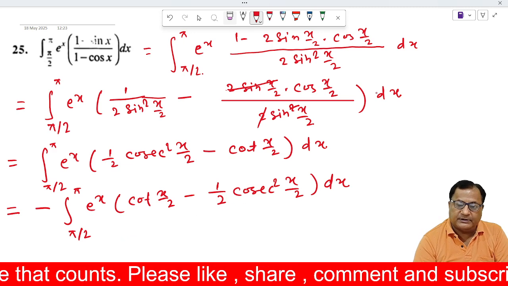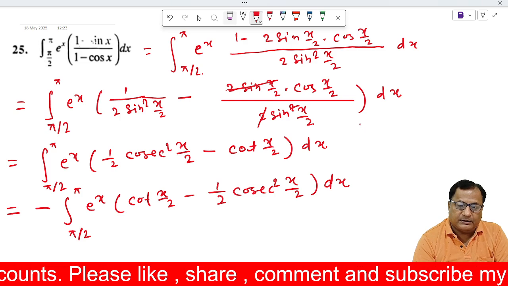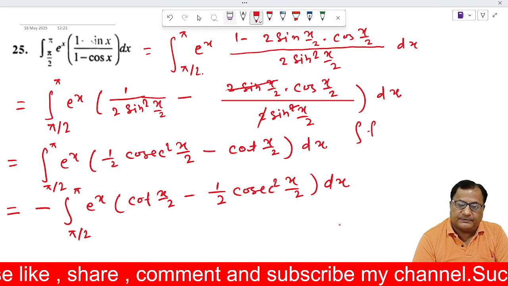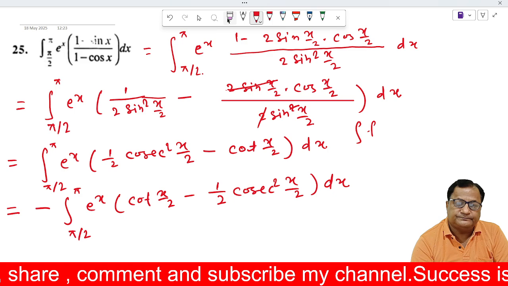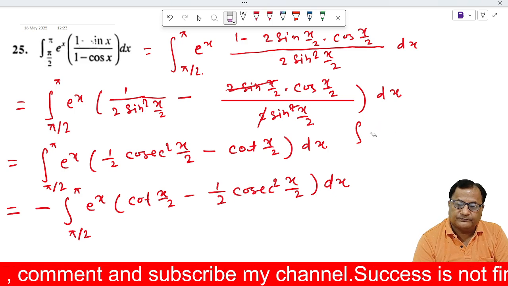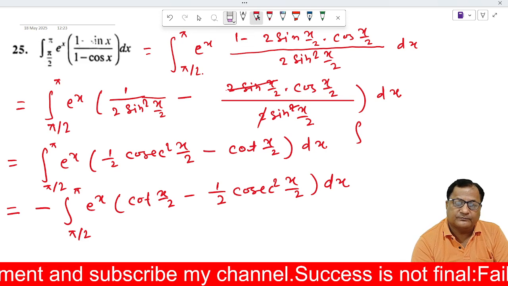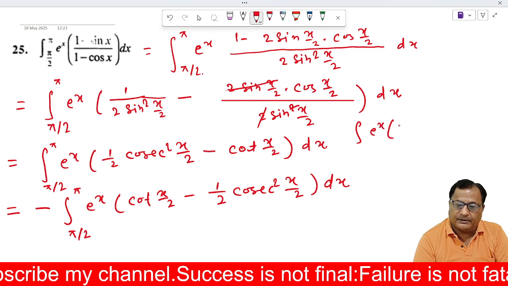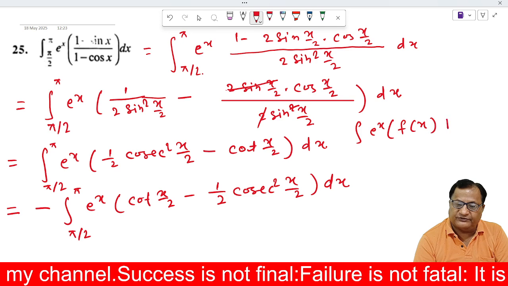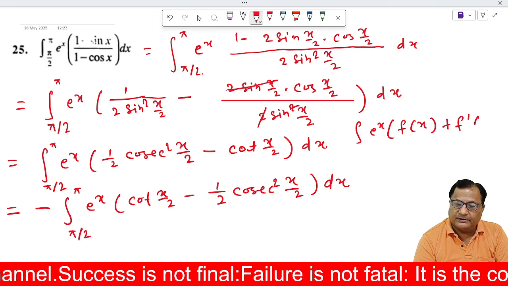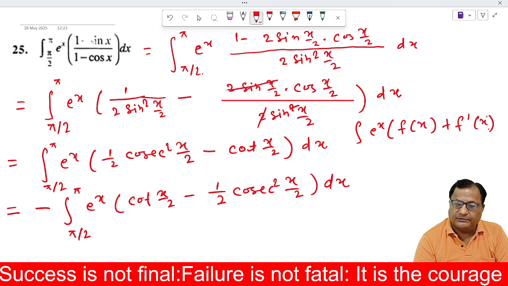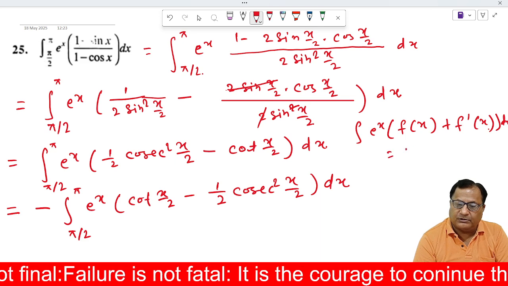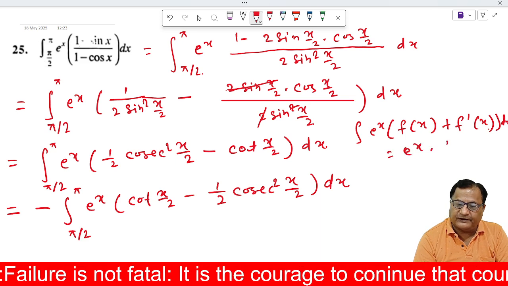Now we see that this fits the formula: integration of e^x times [f(x) plus f dash (x)] dx is equal to e^x f(x).